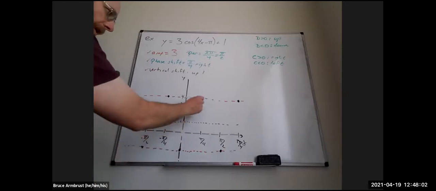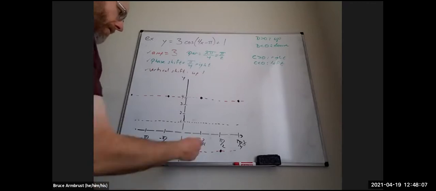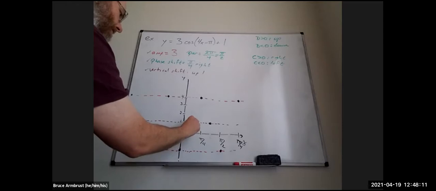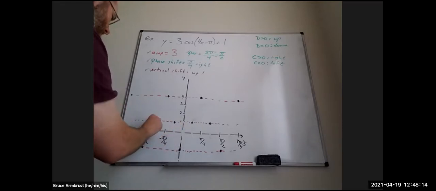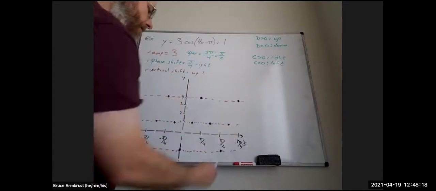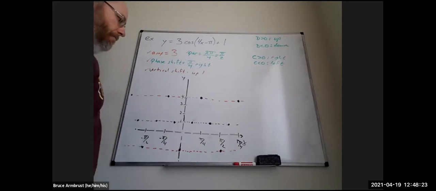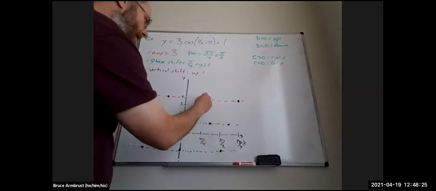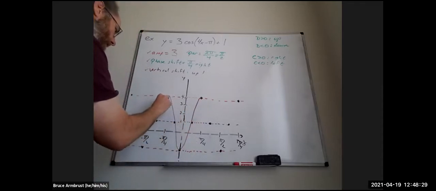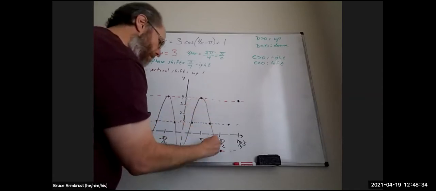Between every max and min, every peak and trough, there's a 0, which means I have to hit my central line halfway in between. And when I say halfway, I'm looking at half the distance of the axis. All right, well, there are all my key points, and now I just draw my wave that goes between them.